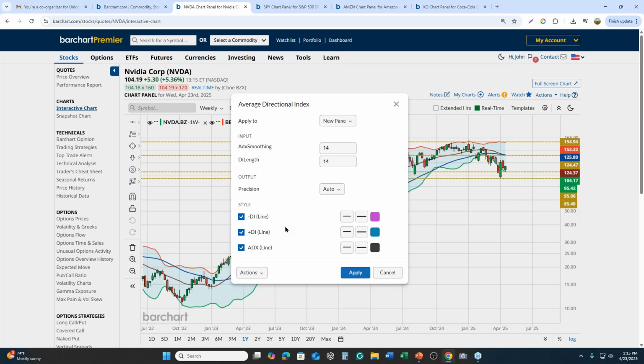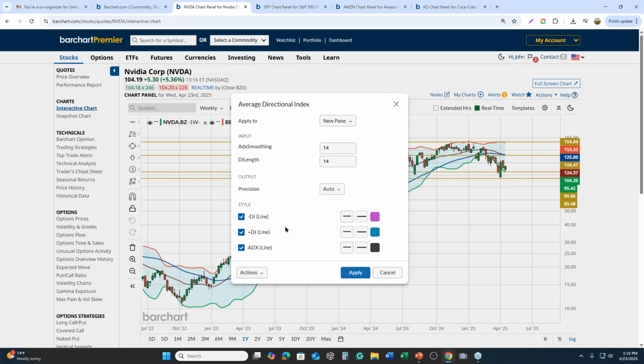Now, the ADX is an EMA, or an exponential moving average. Now, this is the absolute value of the difference between the two DIs. In other words, there's never a negative number. It's always a positive number. But if we have a negative DI that is larger than a positive DI, that would indicate a downtrend, but the ADX will be a positive value.